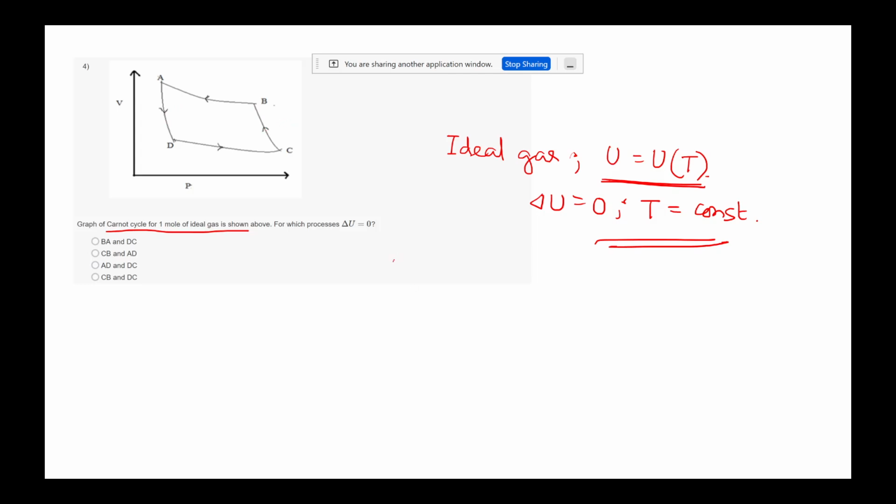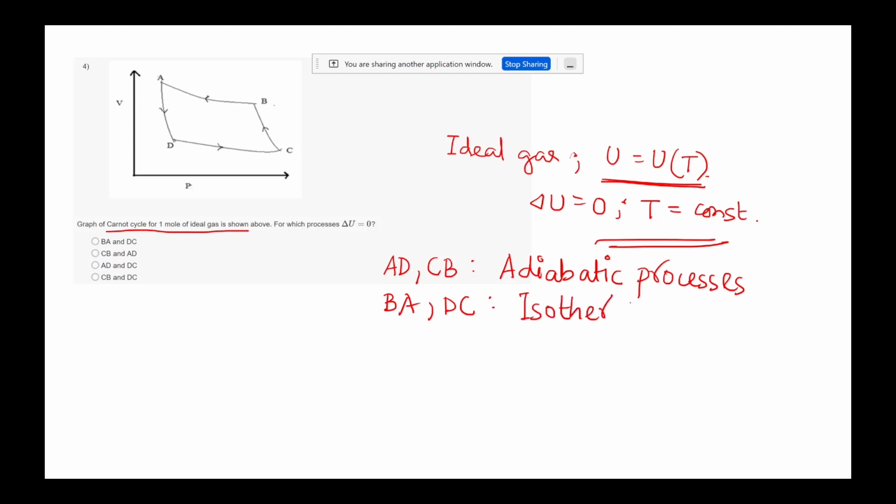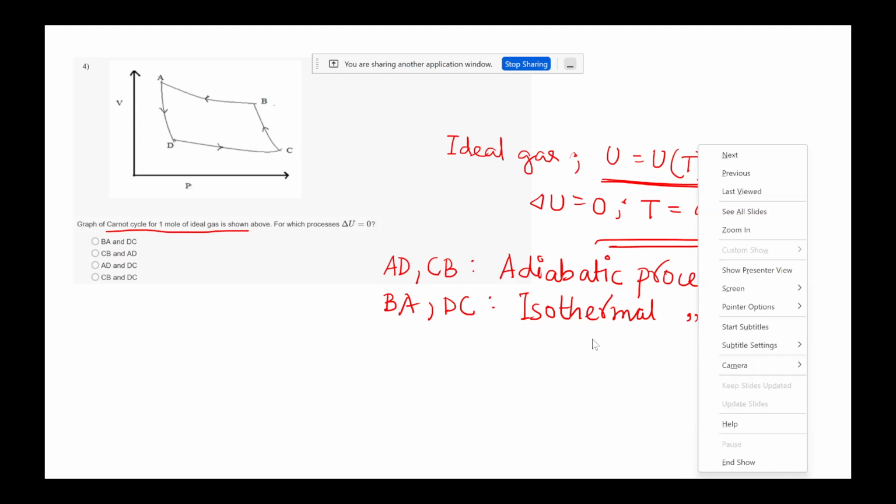So AD and CB are adiabatic processes, more steeper, because you know that in the PV diagram, adiabatic processes are more steeper, and BA and DC are isothermal processes.